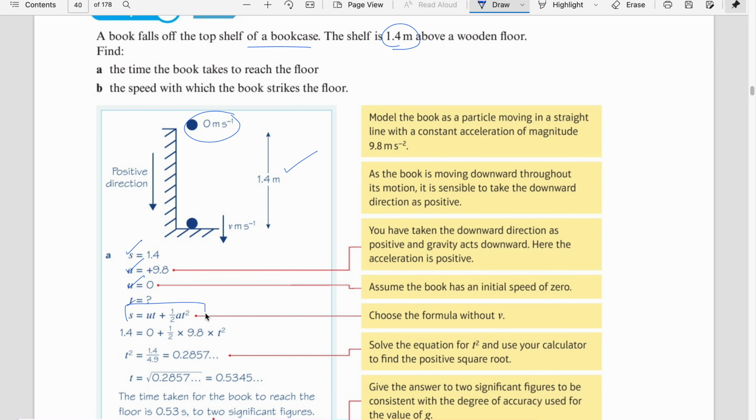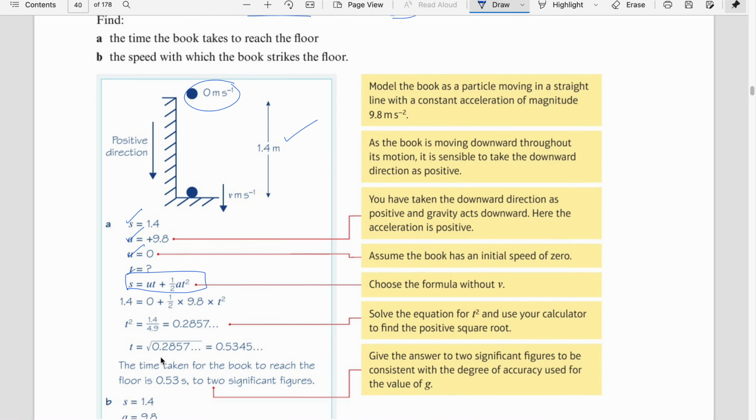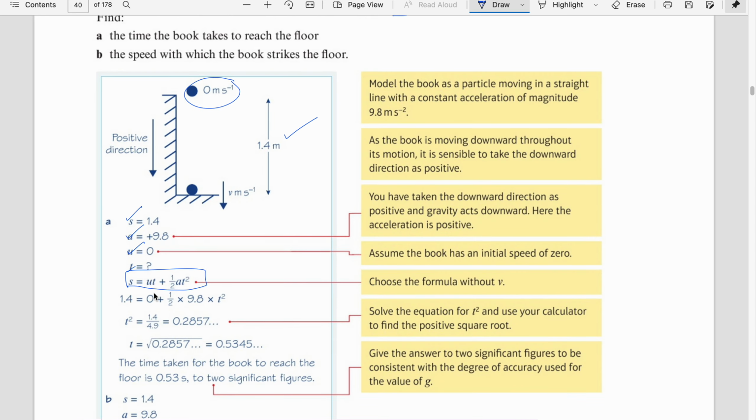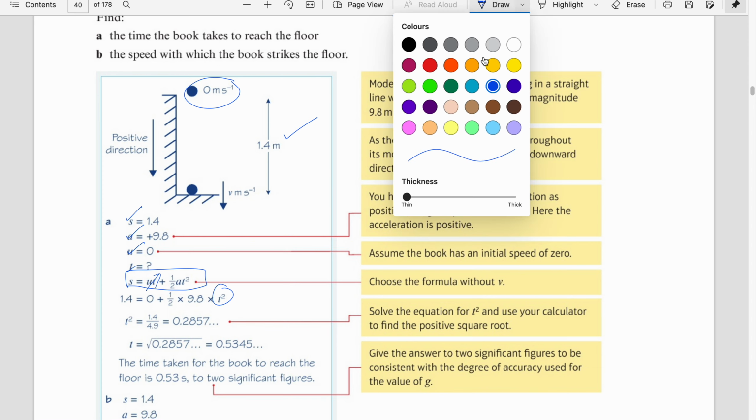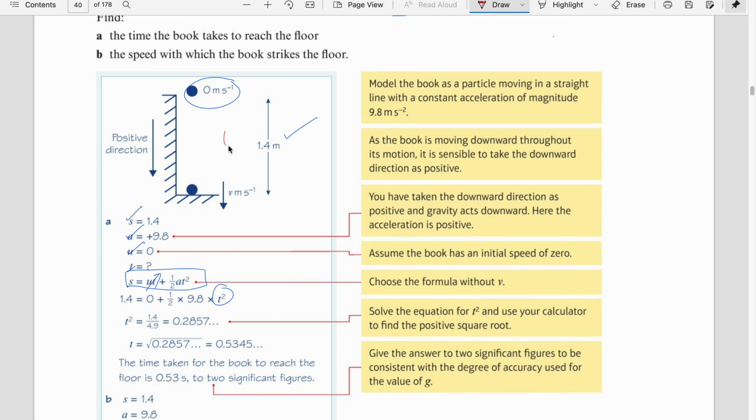So just plug in the formula and substitute the values. Displacement goes there, initial velocity is 0, so this term gets 0, acceleration is there, and you get the time the book takes to touch the ground. Part B asks for the speed with which the book strikes the floor. Now at this stage we know the time as well.